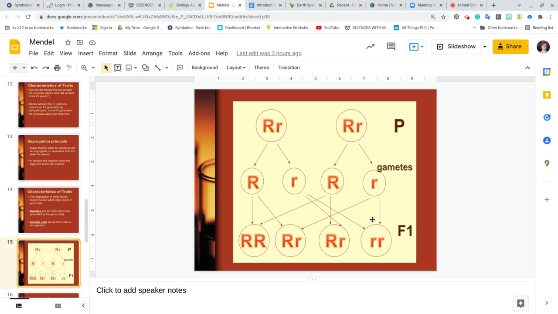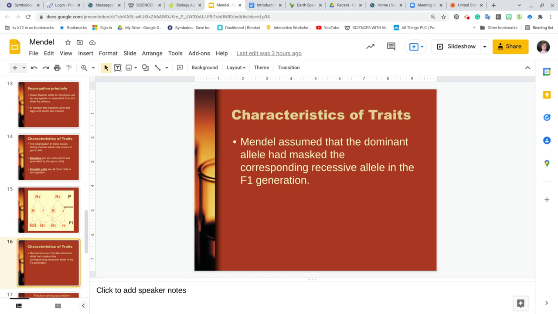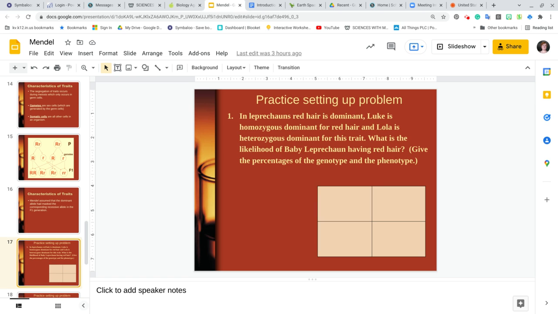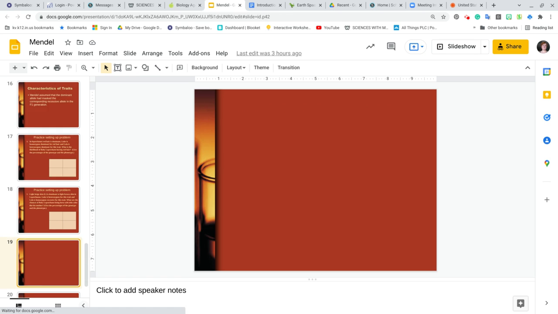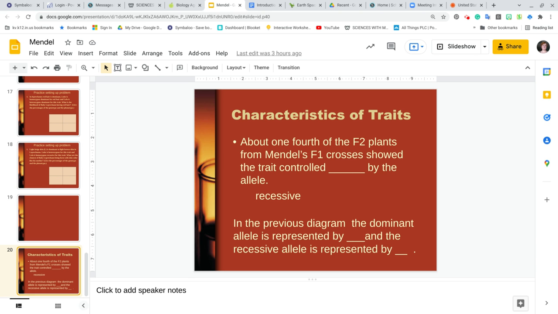And this is why we do Punnett squares. It gets kind of confusing. Mendel assumed the dominant trait masked or hid the recessive allele in the F1 generation. And that brings us back to practice problems. If you want to do the practice problem, go right ahead. I did not set these up further than that.